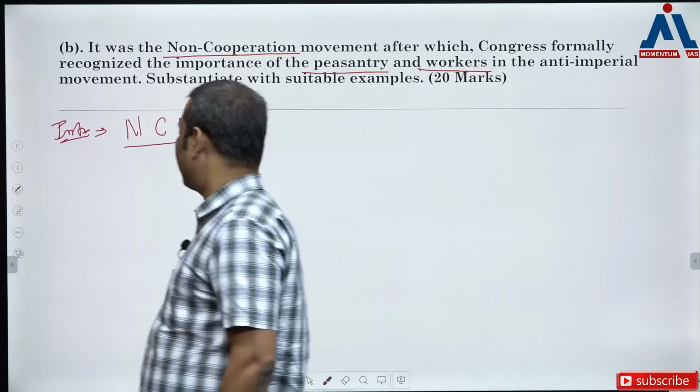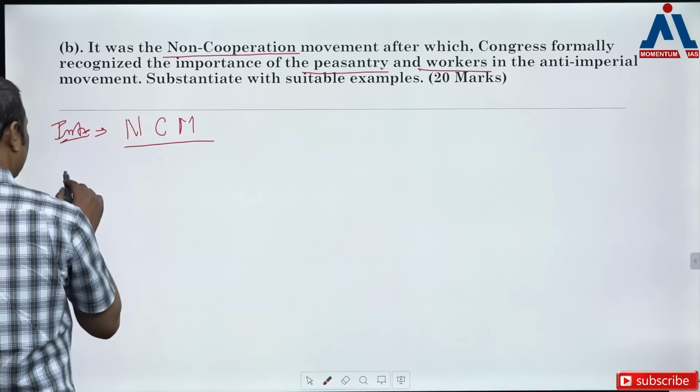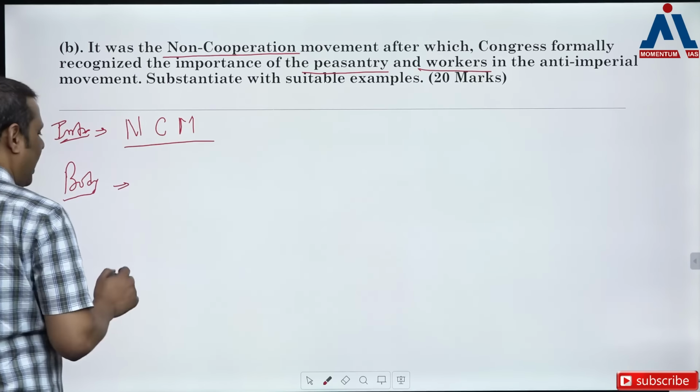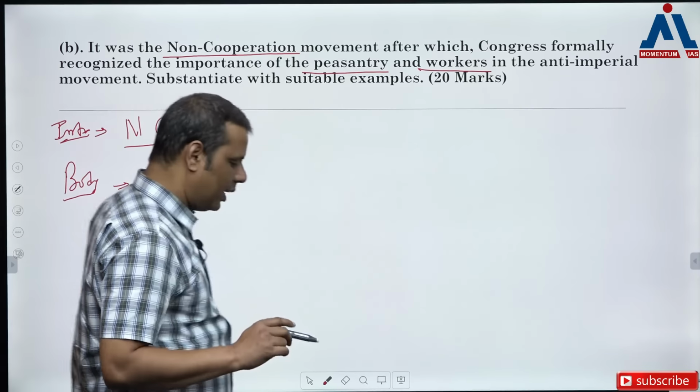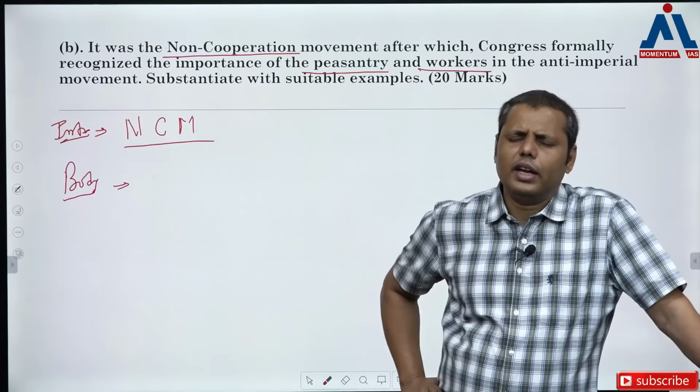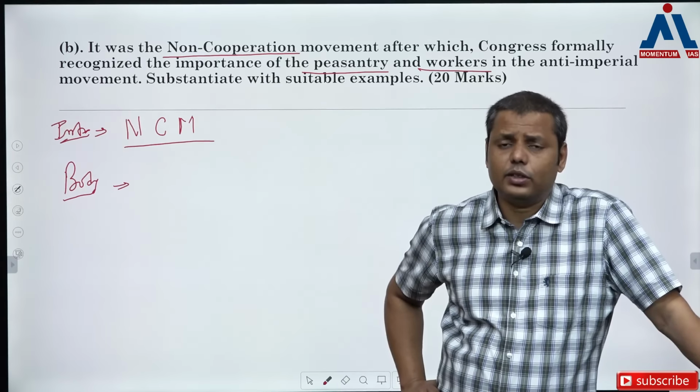And then he'll write what was the initial plan. In the body part he'll write the initial plan, and Gandhiji was trying to mobilize the various sections of Indian communities or Indian society.